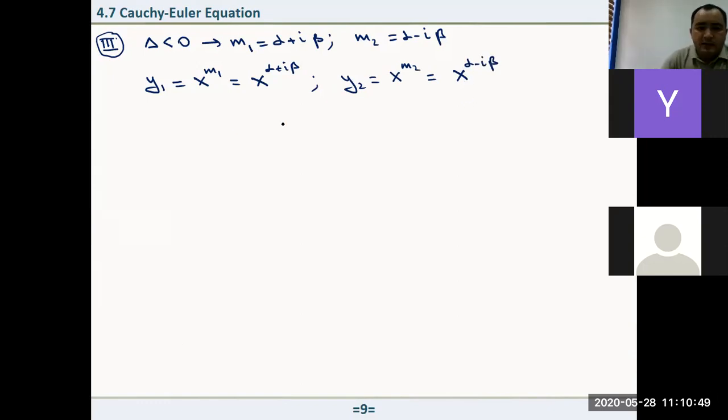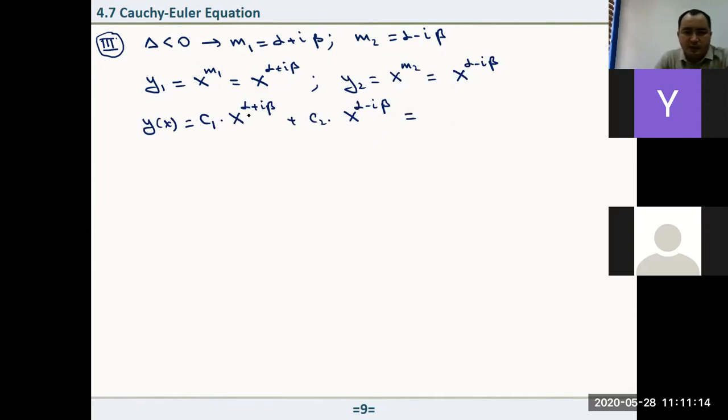Right? Now, if I just write the solution of the given differential equation, then we will have here c sub 1 times x to the power alpha plus i beta plus c sub 2 x to the power alpha minus i beta. Anything missing here? Yeah, alpha, right?